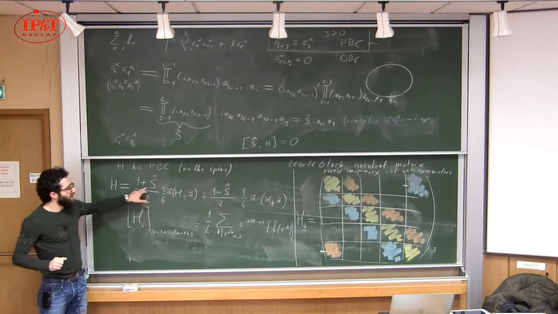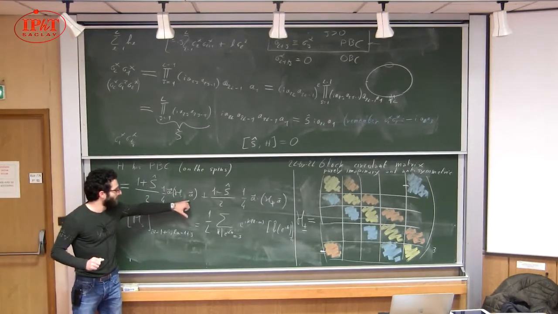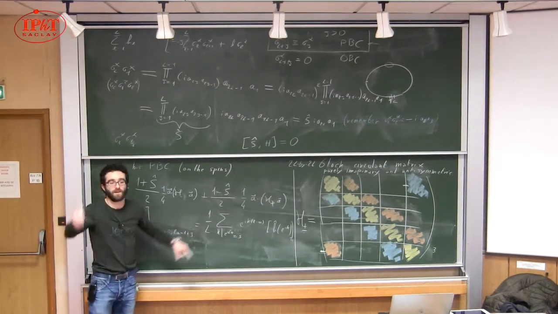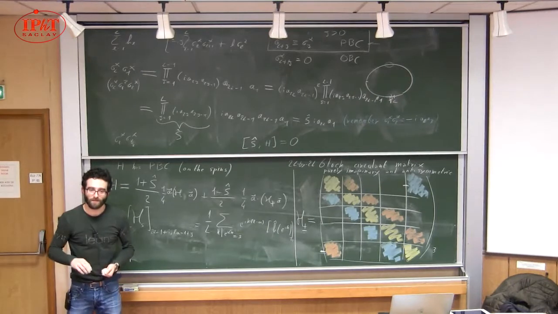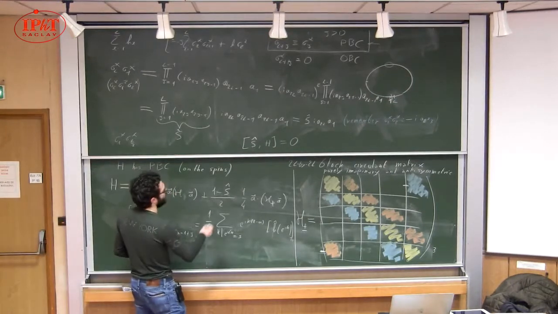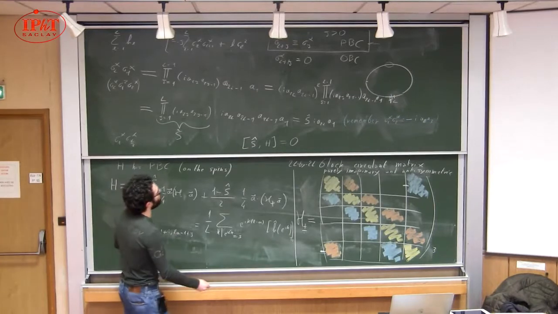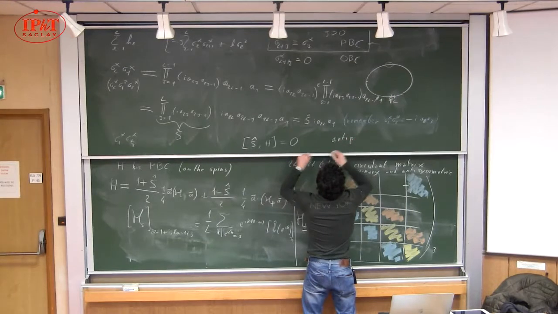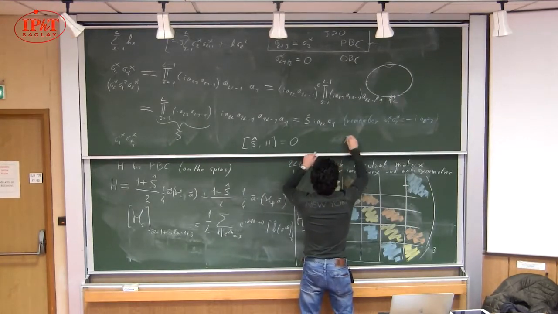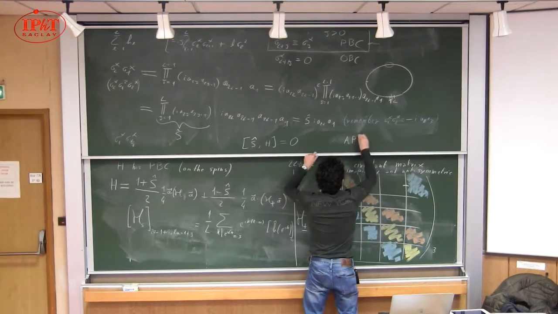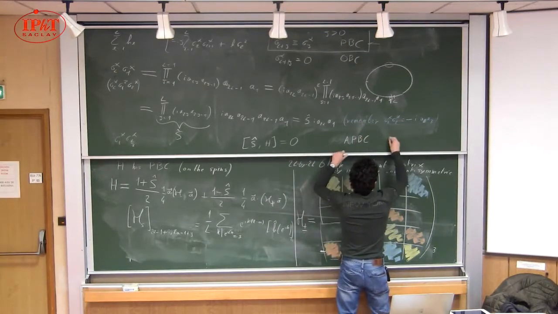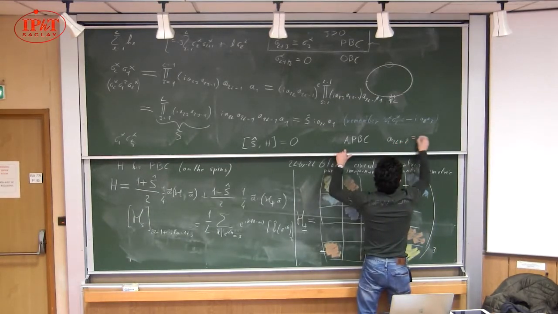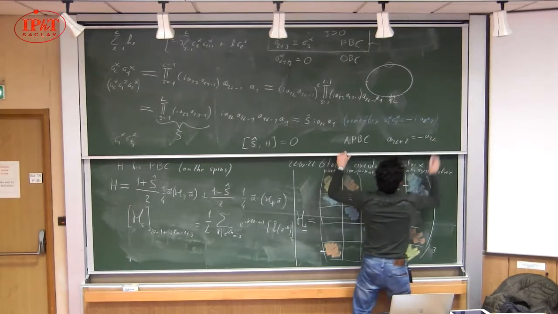In the sector where this is equal to 1, the boundary conditions on the fermions are antiperiodic. They take a minus sign. Antiperiodic boundary conditions means, in particular for the fermions, that a_{L+1} is equal to minus a_1.